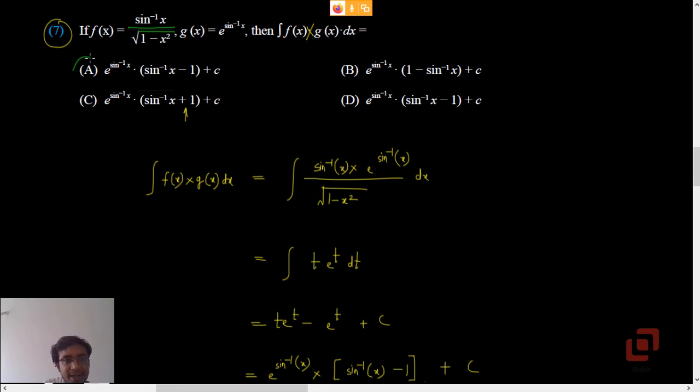So options A and D are identical. Might be some printing mistake, but anyways.